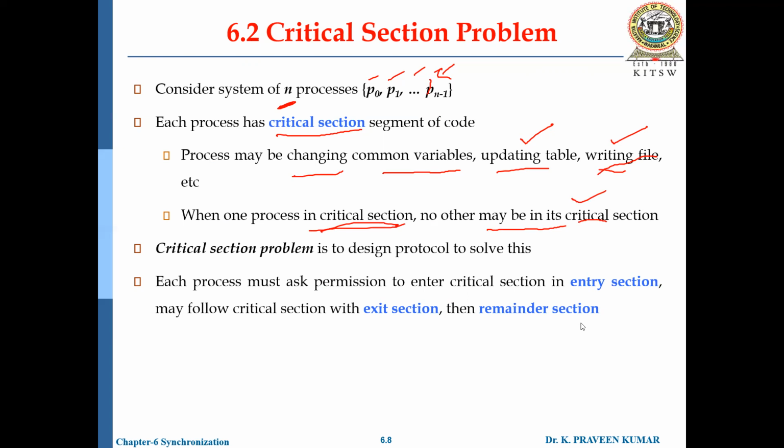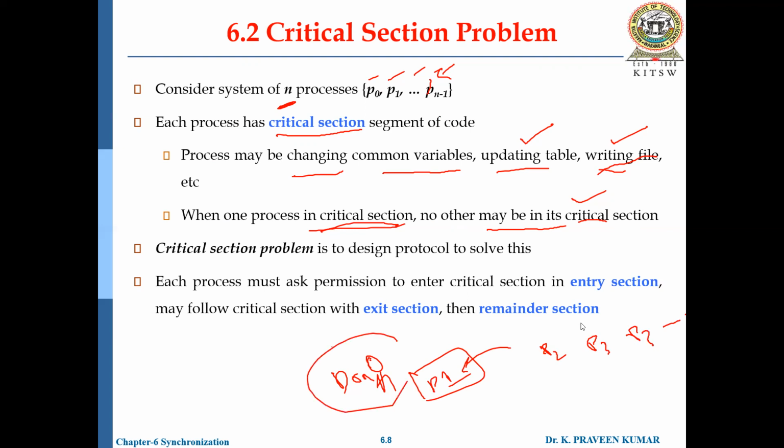When the doctor is in his chamber, only one patient is allowed in, and the remaining patients stay outside. It is the same thing here. The doctor is your CPU, and the different processes are the patients. When one process is inside the critical section, that is one patient inside with the doctor, no other process must enter the critical section.